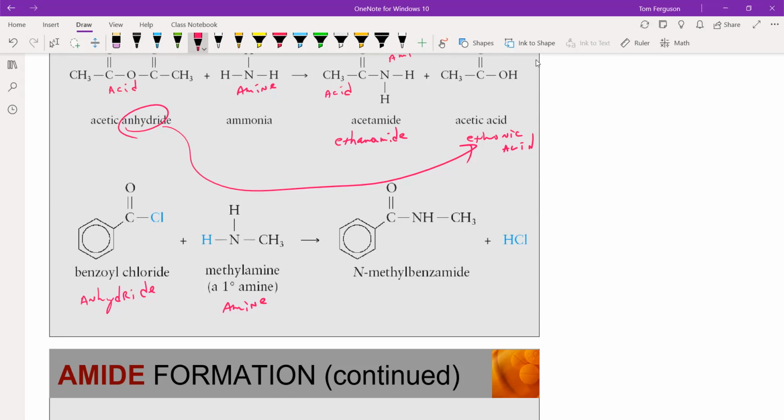So this is going to be the amine part, just like we always list the alcohol part first when we name an ester. And this comes from the acid. So it's N-methylbenzamide.